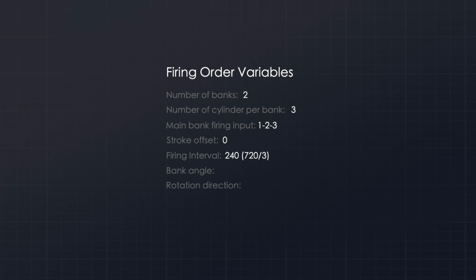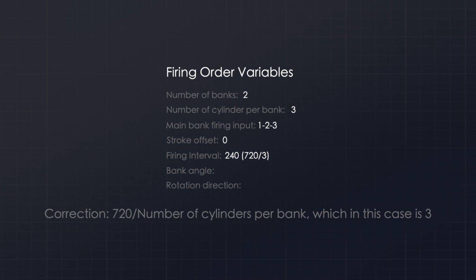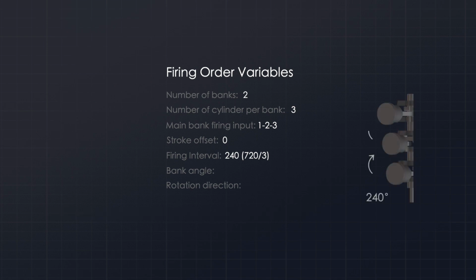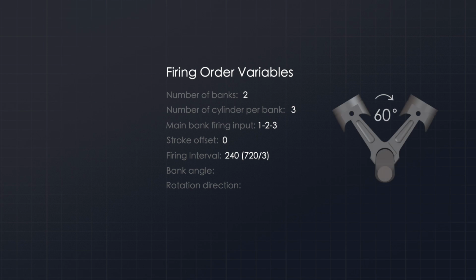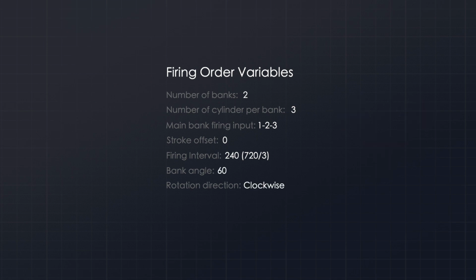The default is just 720 degrees divided by 3, so 240 degrees. This is just the angle of crankshaft rotation that happens between cylinders in a bank firing. The bank angle is 60 degrees and the rotation direction is clockwise, which is standard. If it's counterclockwise, the firing order is just reversed.